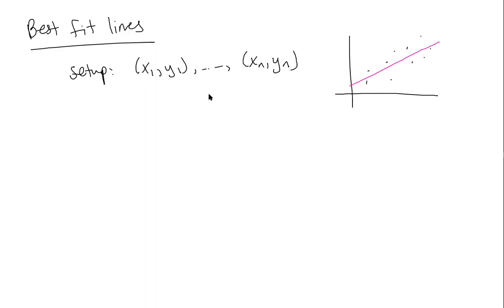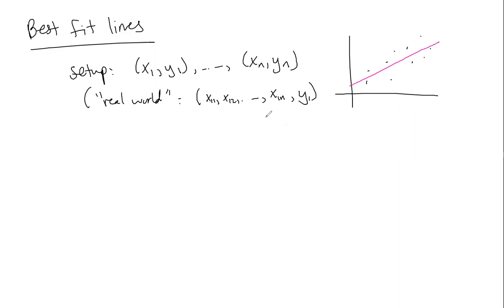Typically in the real world, you're not given two-dimensional data points. You're given stuff like x11, x12. You're given a huge vector and an output, or maybe several outputs.